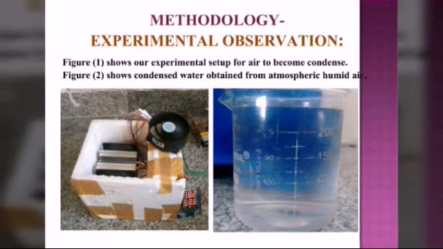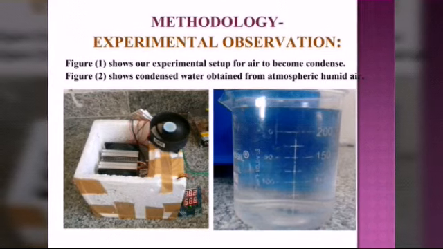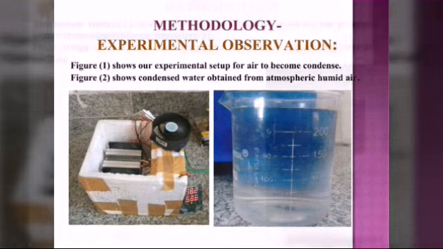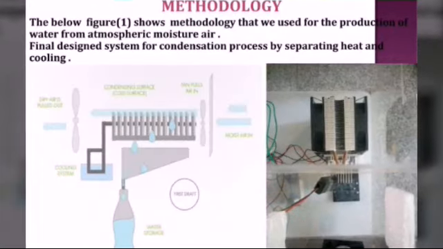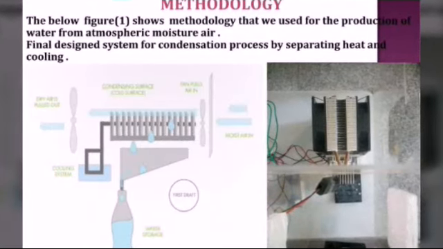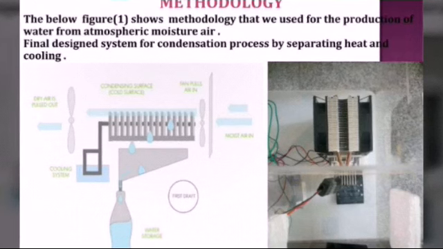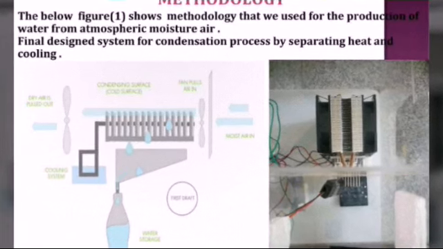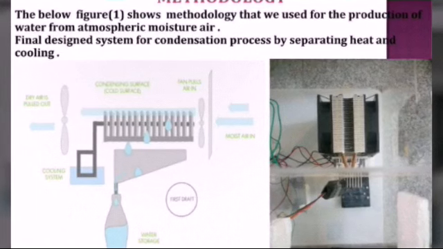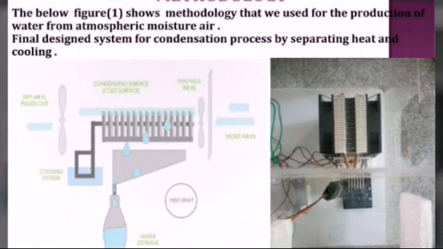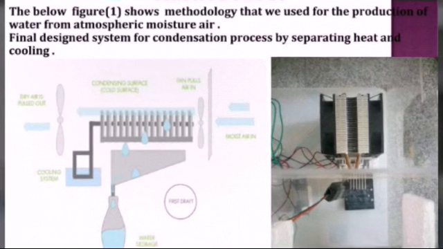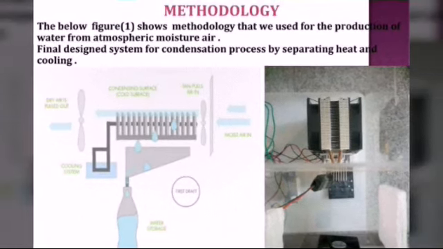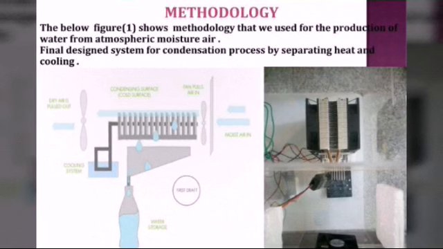Then the heat from the Peltier element, which produces a maximum amount of heat, is removed by the multi-layer heat sinks. The surfaces start condensing when they meet the humid air, and the water droplets are collected at the bottom of the surface.